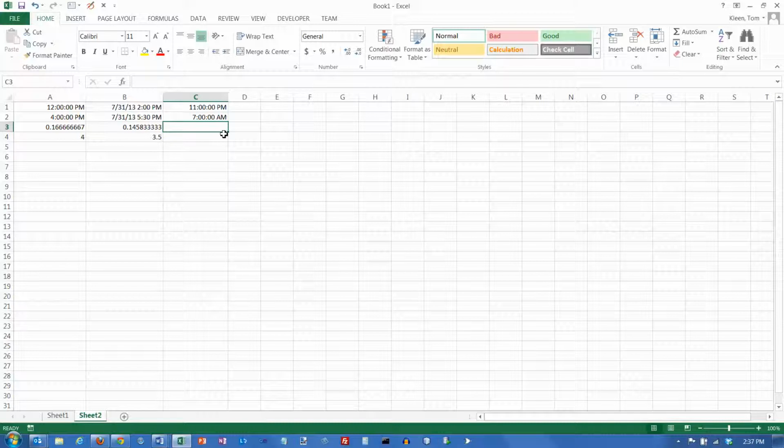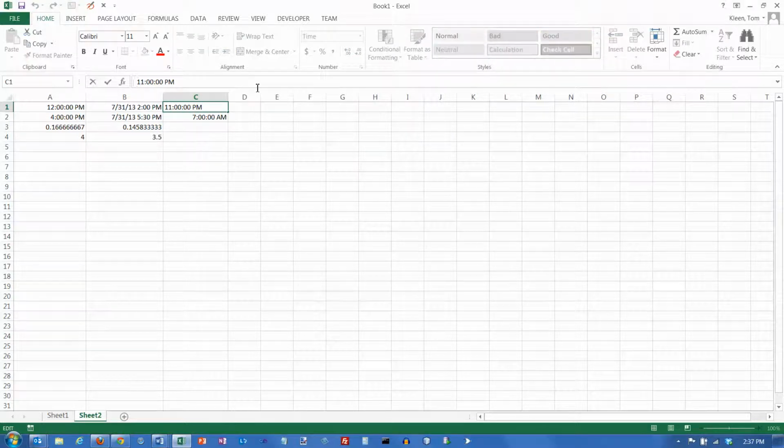If that's a possibility, there are two ways to fix it. One is I can just add a date to this. So if this is 7/31/13 and a space, and this is the next day, let's type 8/1/13 and a space and hit enter.